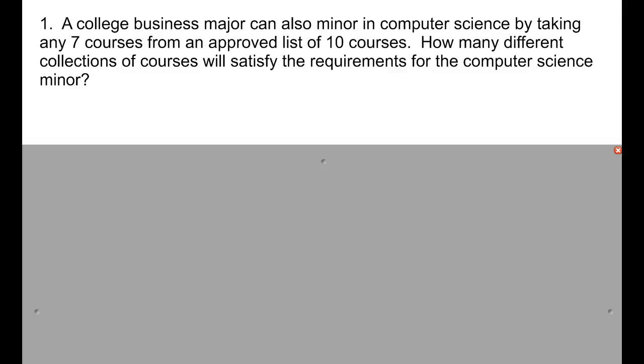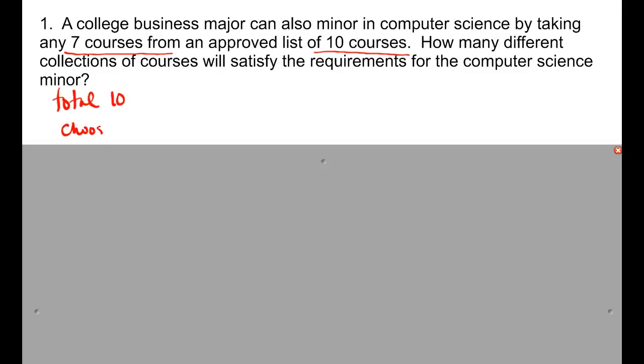Okay, you're back. This is the way combinations show up in real life. A college business major can also minor in computer science, and they can major in computer science if they take any 7 courses from an approved list of 10. So my total is 10.